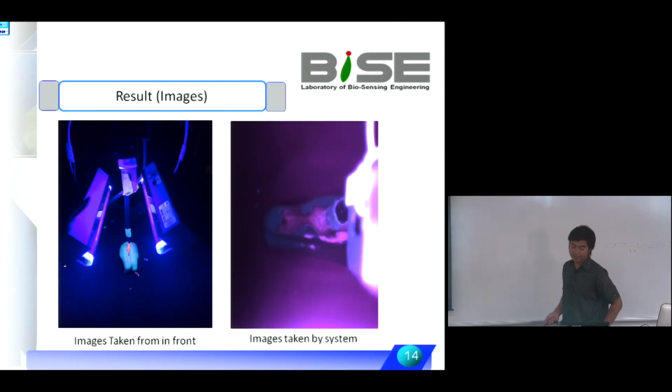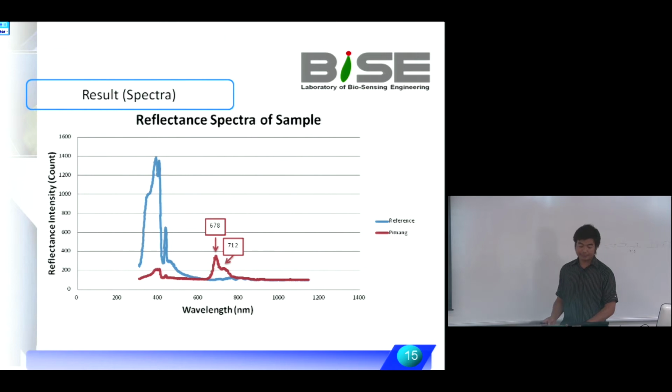Well, this is the image I can get from the samples. You can see this is the image taken from the front, and this is the image taken by the system. This fluorescent phenomenon you can see from the samples. Then this is about the spectra I got. This is the reflectance spectra of the sample. The blue one is the reference, a condition where there is no sample in the system.